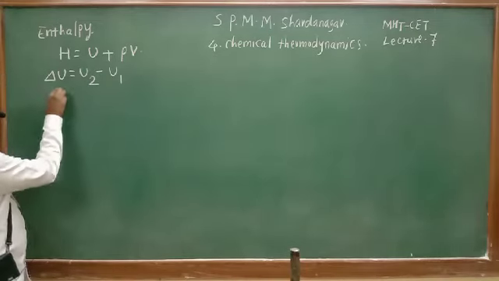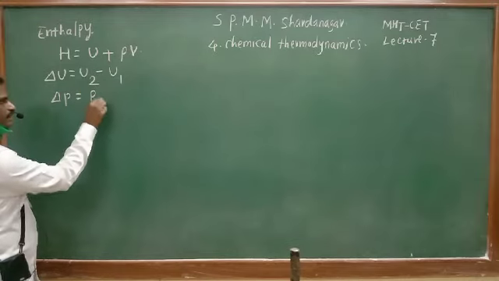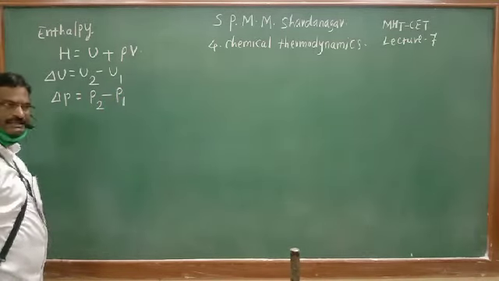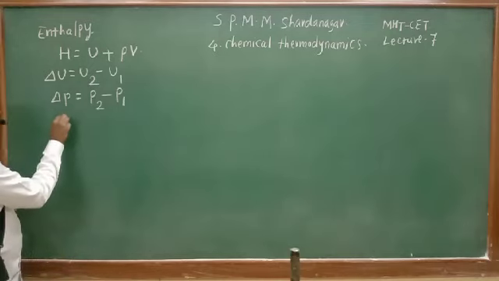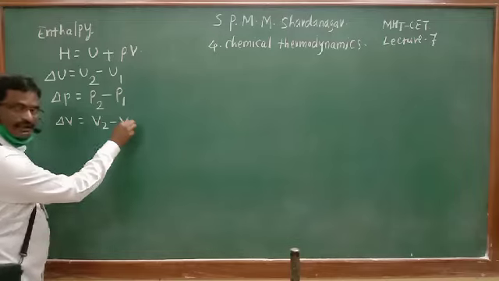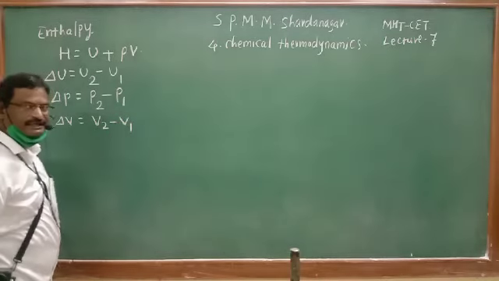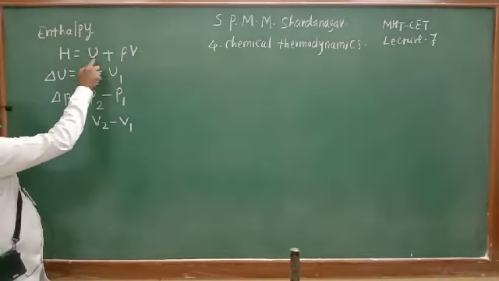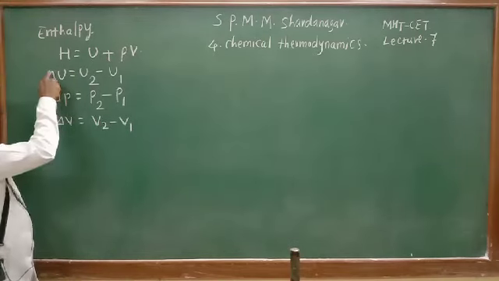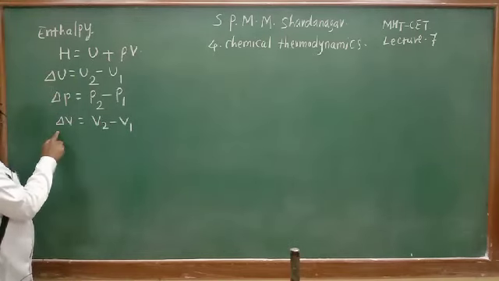Similarly, change in pressure delta P is nothing but pressure in the final state minus pressure in the initial state. Change in volume delta V is the volume in the final state minus volume in the initial state. Since all these three are state functions, they are calculated in terms of their change.